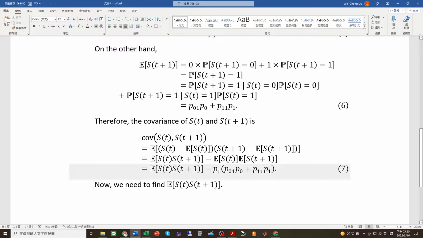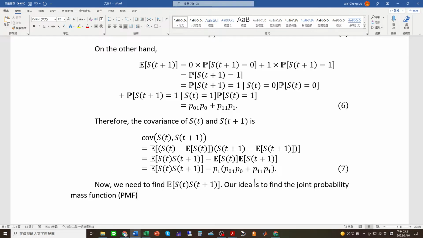Now we need to find this term, that is the expectation of S_t times S_{t+1}.